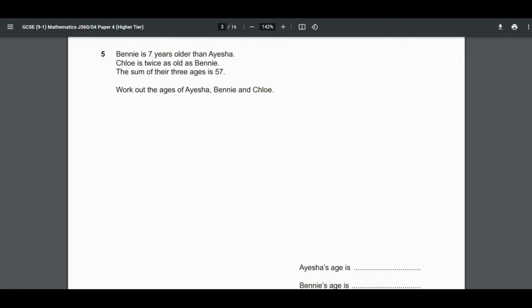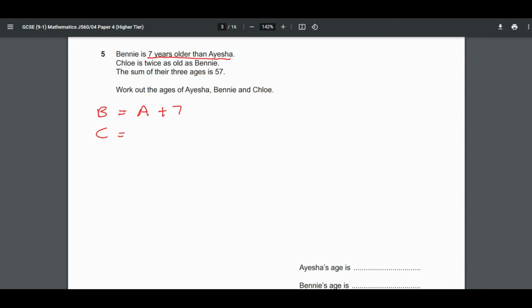So this type of question is algebra based, and where I'll start is by making Benny B, and we're told that Benny is 7 years older than Aisha. So B equals whatever Aisha's age is, so A plus 7.